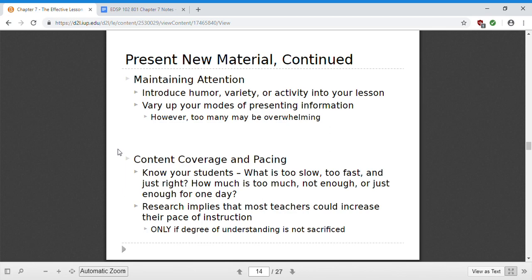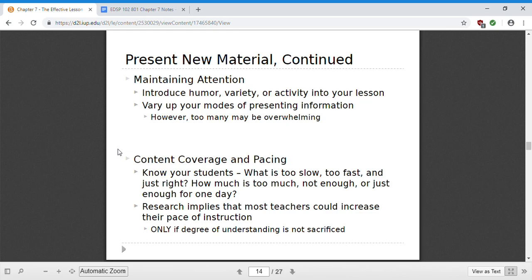But it's a fine line, because you want to vary your modes of presentation and keep your students' attention, but you don't want to do too much. You don't want to overwhelm your students. So know your audience, know your students, and what works best for them.